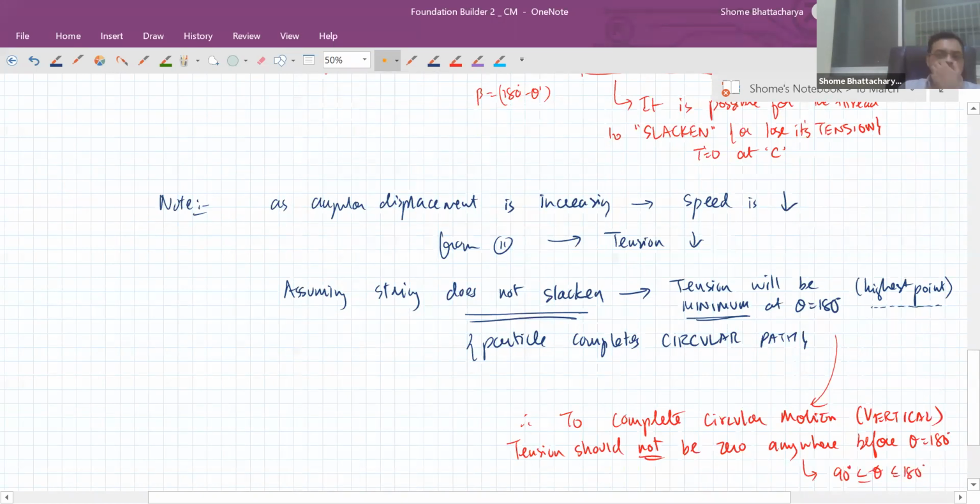Between these two positions the string should not slacken. So that is how we find the critical condition.